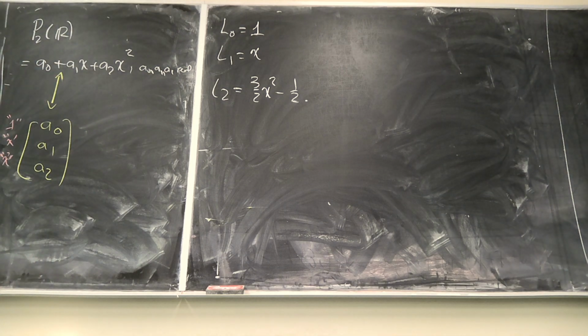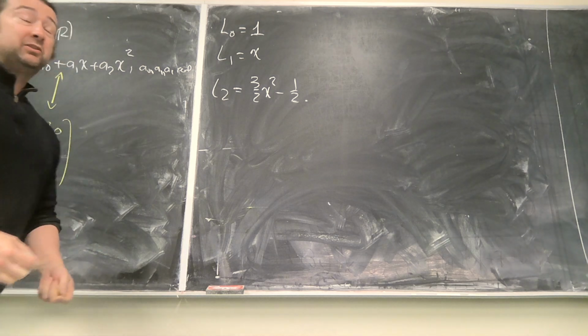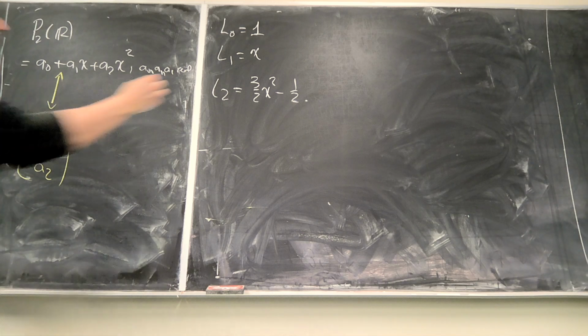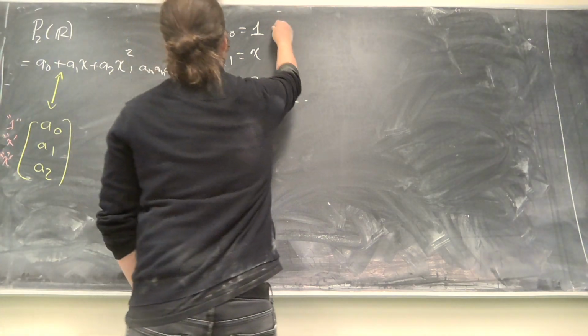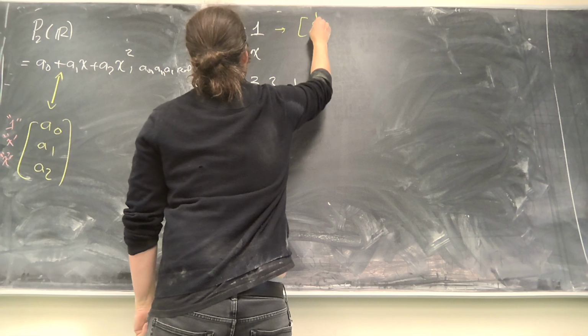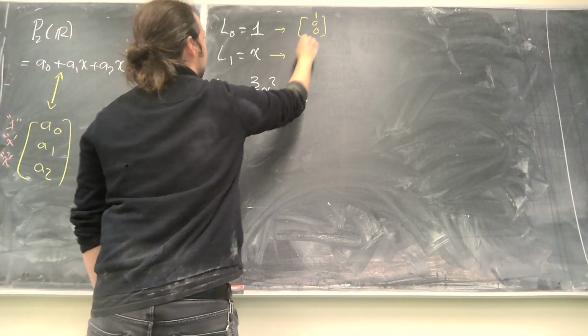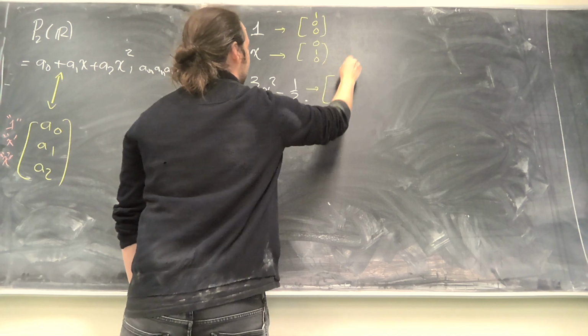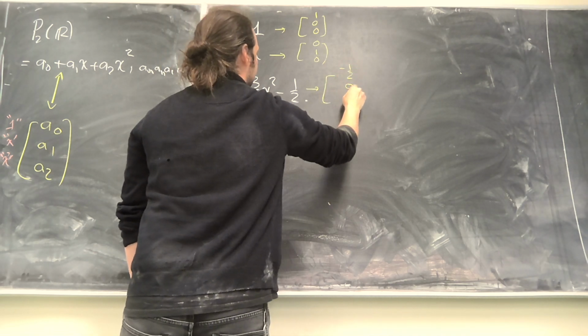Is that familiar? We just wrote them down as column vectors. If I write those things down, but I translate them into their column vector versions, this would be the vector (1, 0, 0). This would be the vector (0, 1, 0). And this would be the vector (-1/2, 0, 3/2).